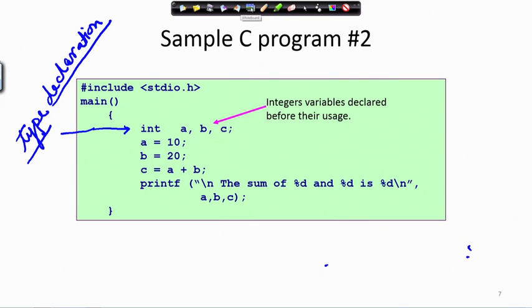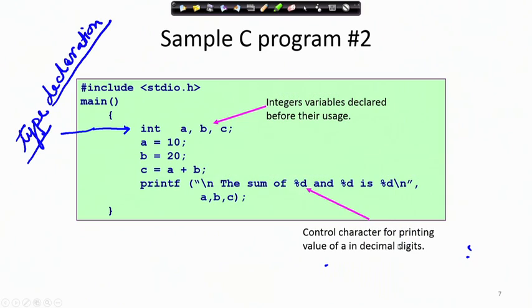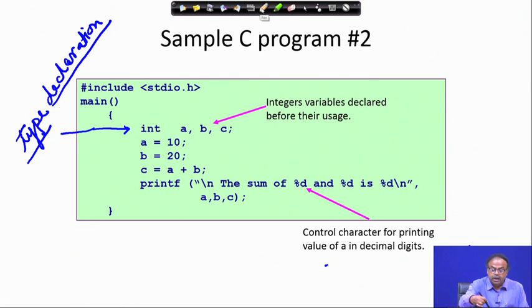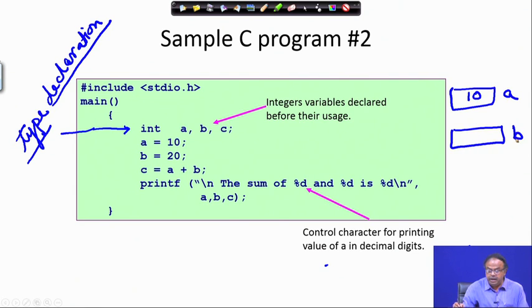The other thing you can see here is that A has been assigned 10, B has been assigned 20. That means in the memory location corresponding to A, 10 has been written, and to the memory location corresponding to B, 20 has been written.